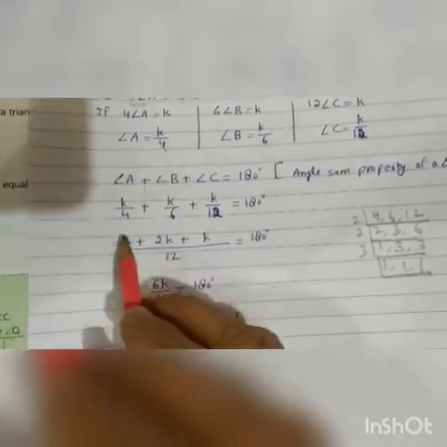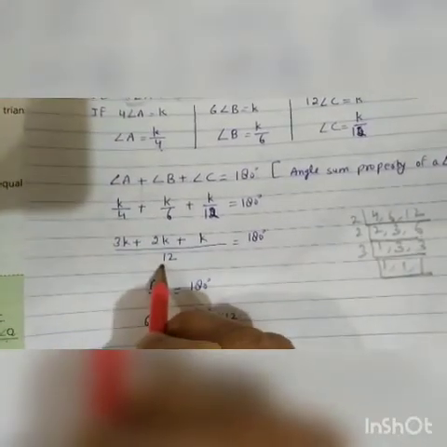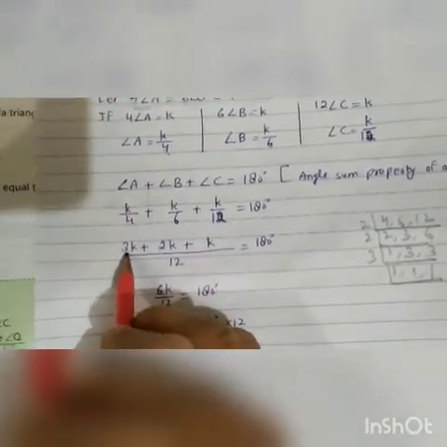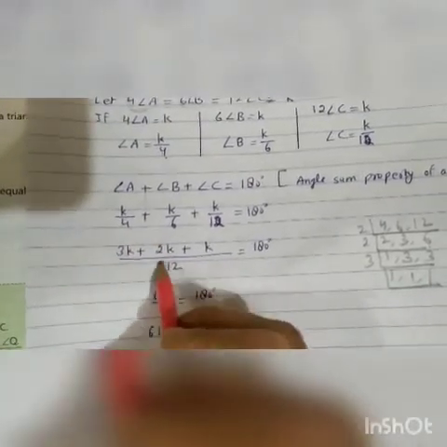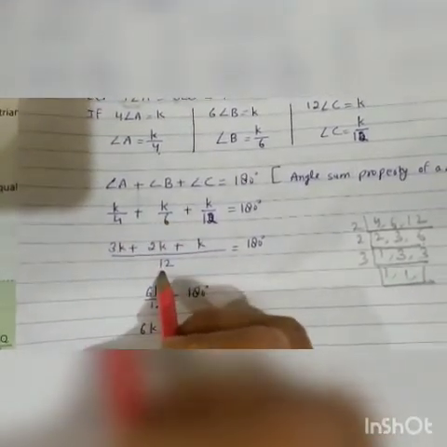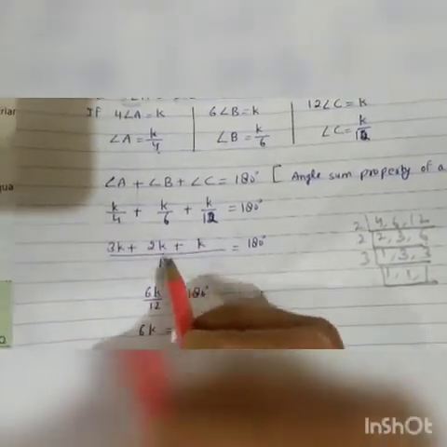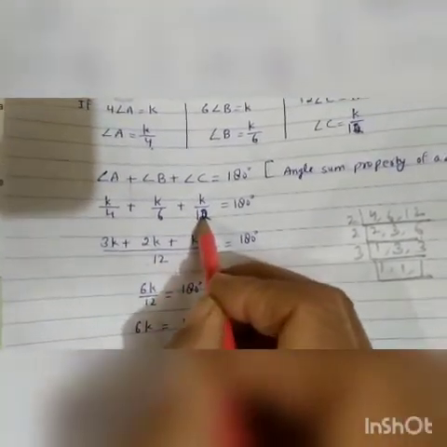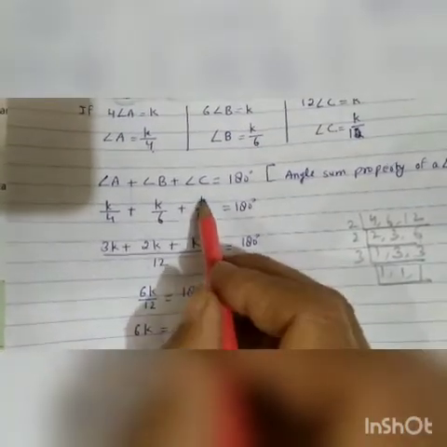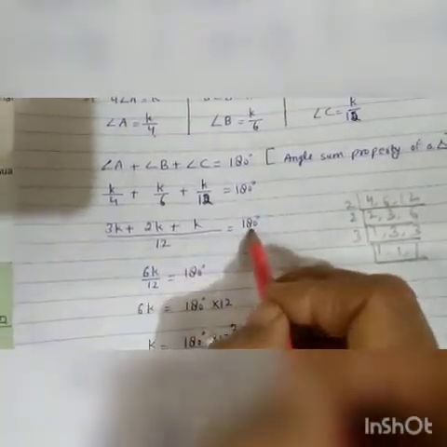Now divide this 12 by this 4, 4 3 ja 12, then 3 multiply K, 3K, plus divide 12 by 6, 6 2 ja 12, 2 multiply K, 2K, plus 12 divided by 12, 12 1 ja 12, 1 multiply by K, K is equal 180.